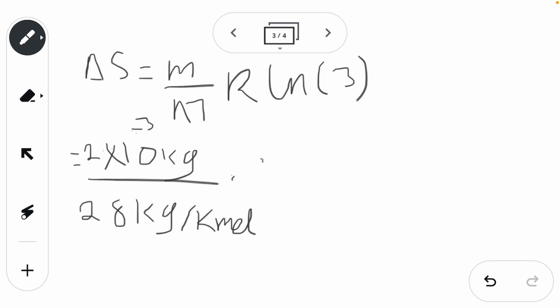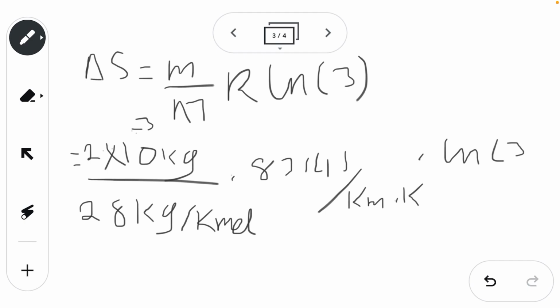The gas constant is 8314 joules per kilomole Kelvin, times the natural log of 3.